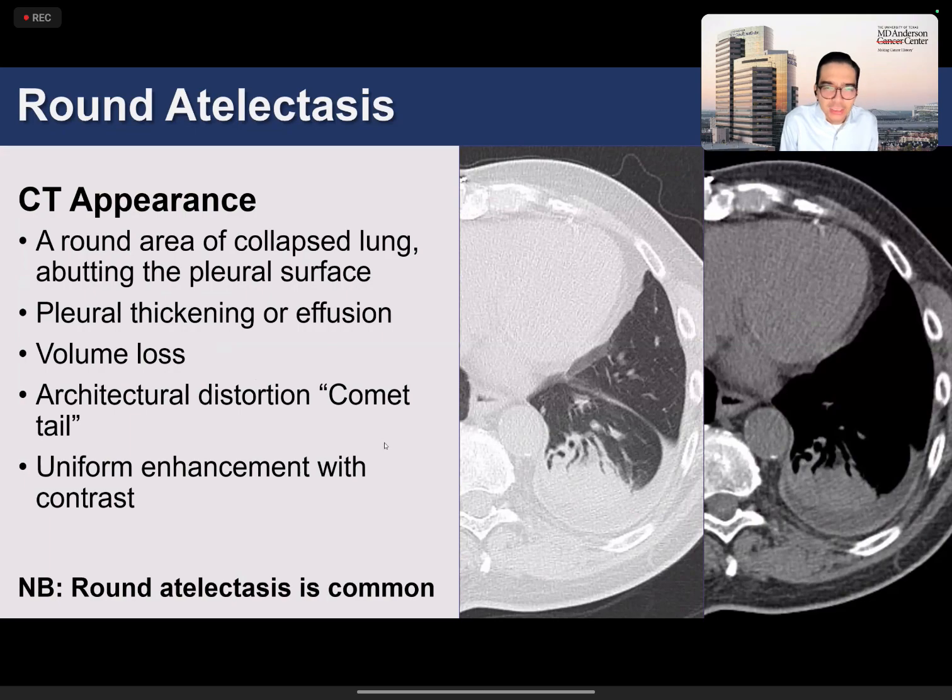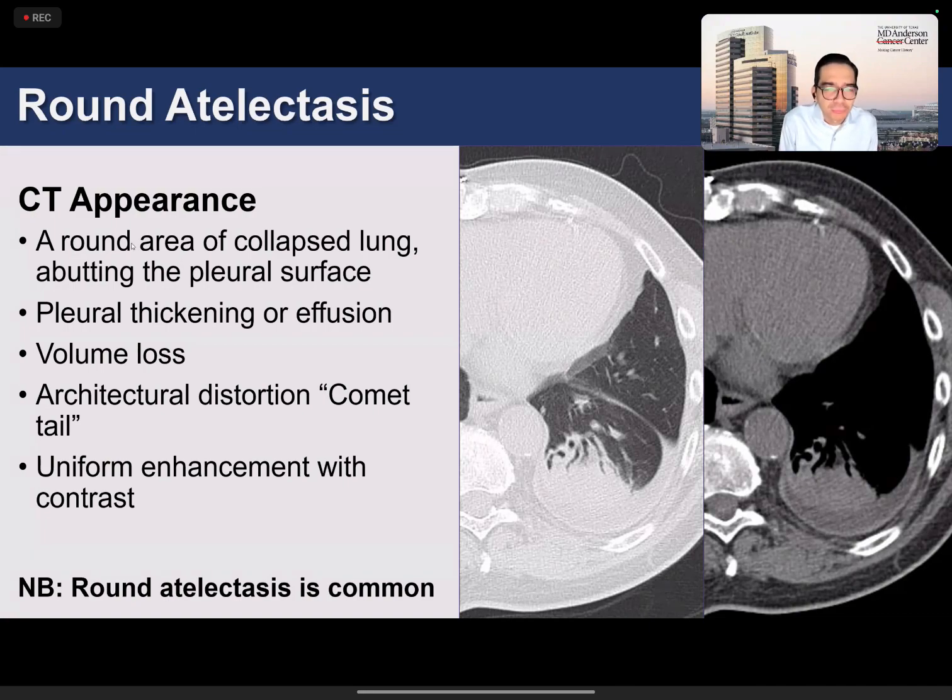And what happens is you have, on CT, these four things: a round area of collapsed lung. That area of collapsed lung abuts the pleural surface. And you have pleural thickening or effusion. And then you have volume loss, and then architectural distortion, so a comet tail sign, okay?